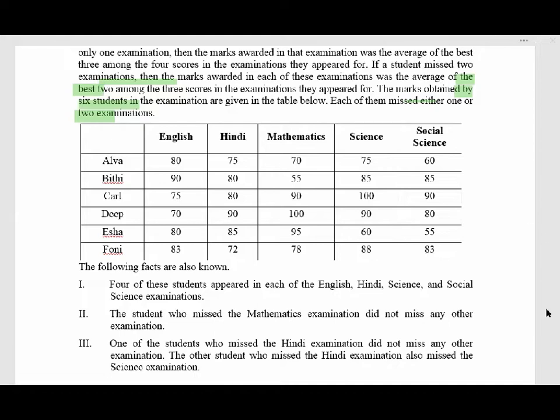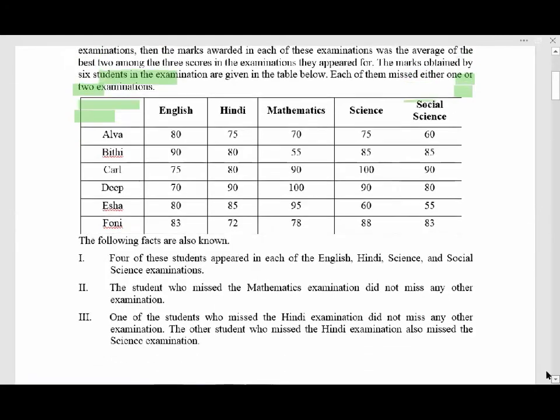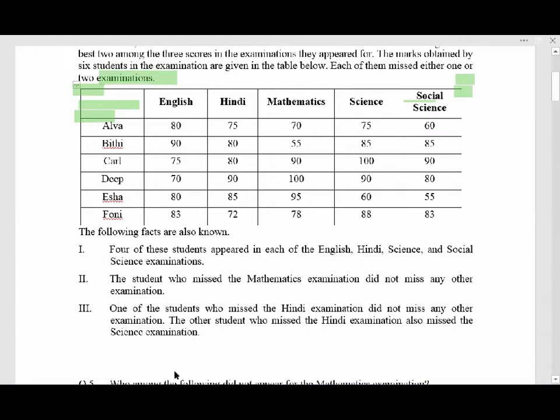Let me scroll it up further. So what we have, Carl missed maths.